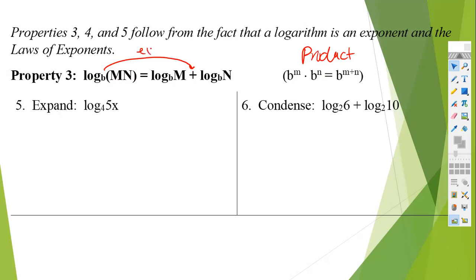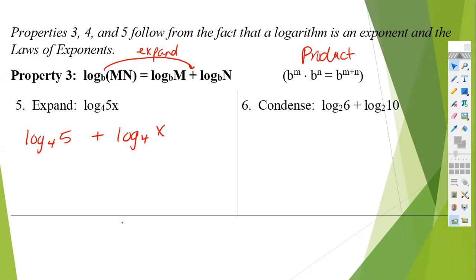Okay, so I can expand them to addition. So this is called expanding. So let's look at this example. We have log base 4, 5 times x. How can I expand this? Log base 4, 5. Perfect. Plus log base 4 of x.